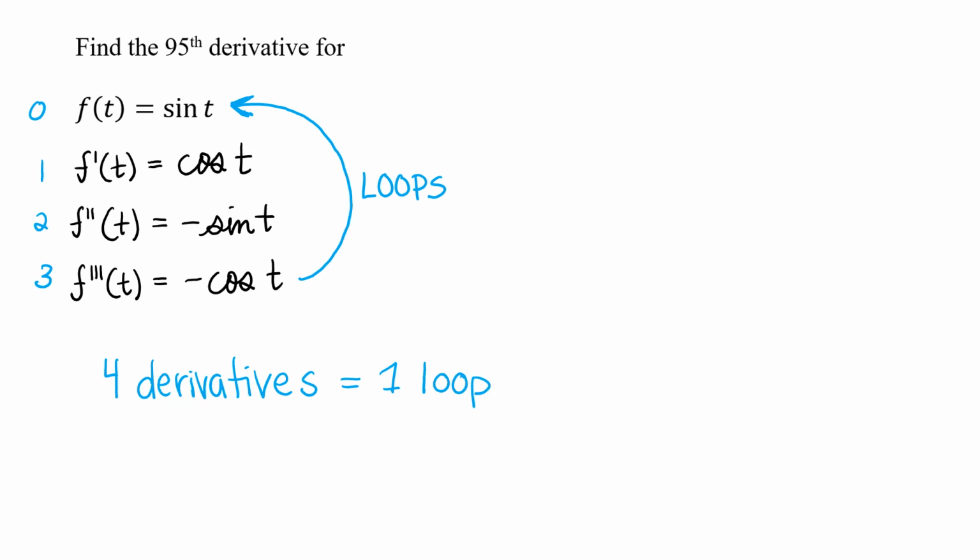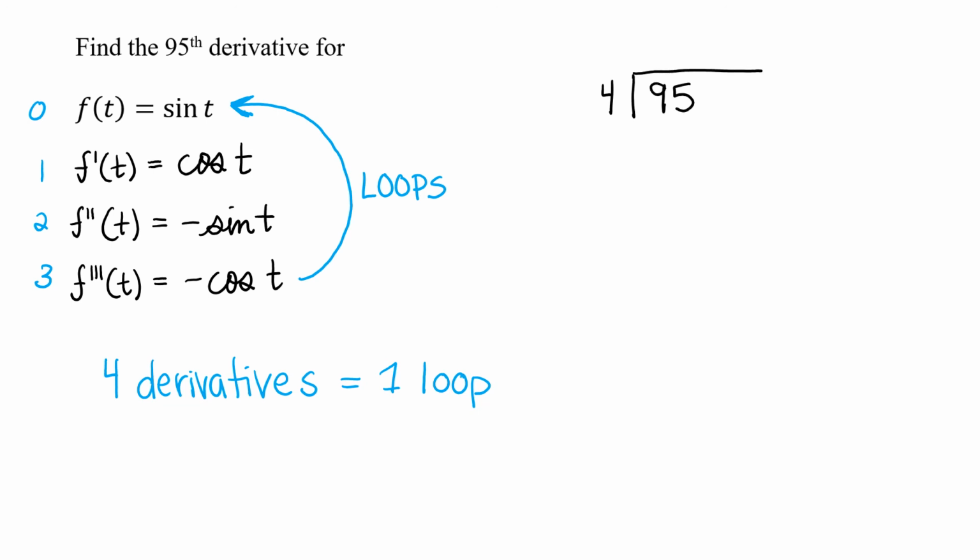And we need to find out how many loops we have and how many leftover derivatives we have, if any. So if we're taking 95 derivatives, that means we're dividing by 4 in order to figure out how many loops we have, since there's 4 derivatives per loop.